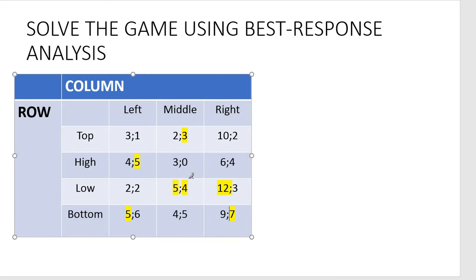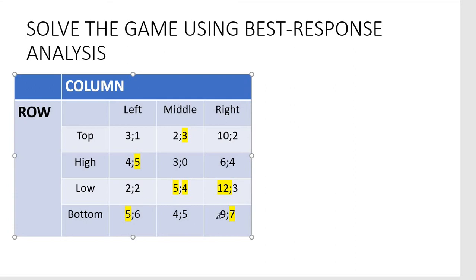Very informally, you can define Pareto efficiency as a situation in which neither of the players can get a higher payoff without worsening the payoff of the other player at the same time. Here, it's not true. It's possible to improve the situation of the first player and the second player simultaneously if they shift from low middle to bottom right.